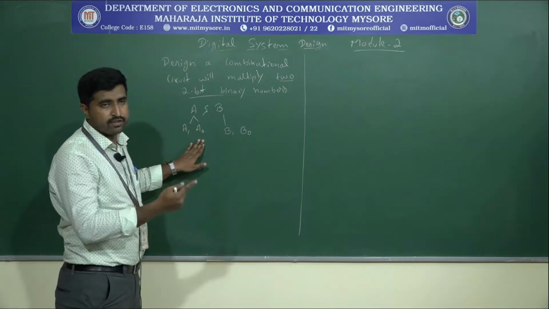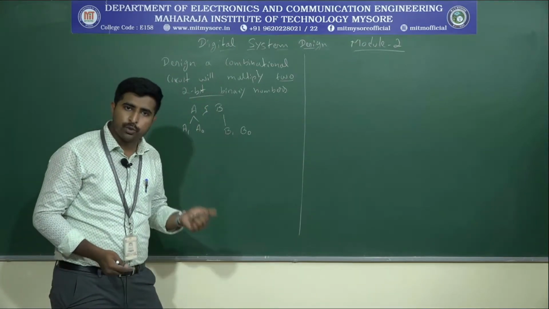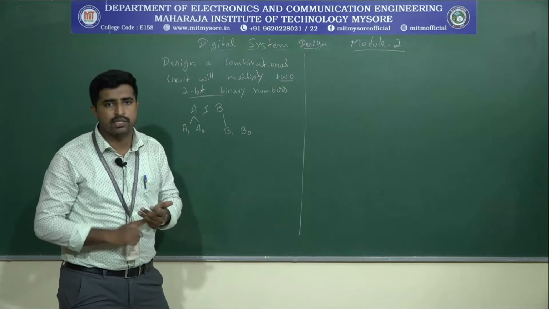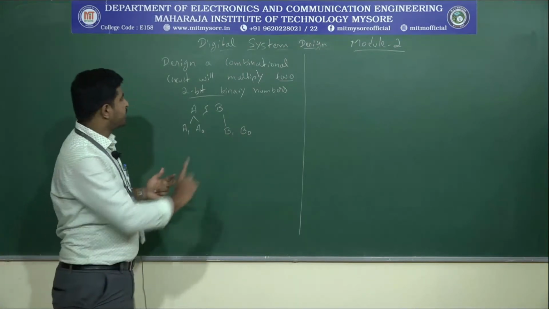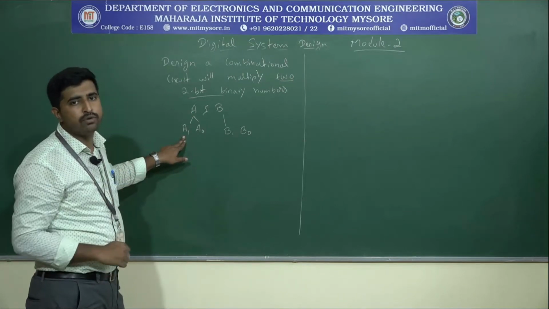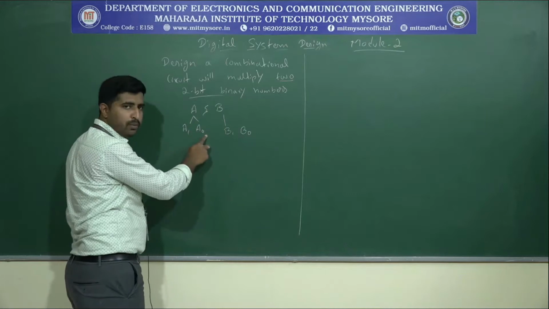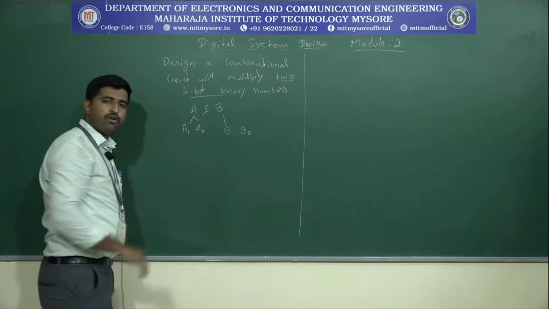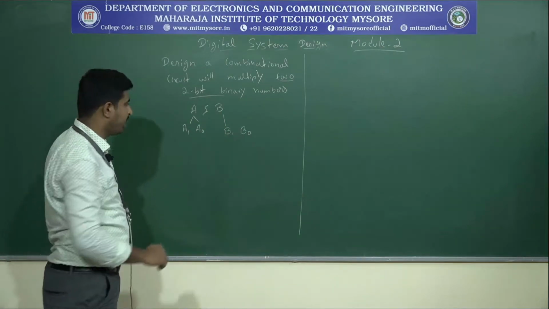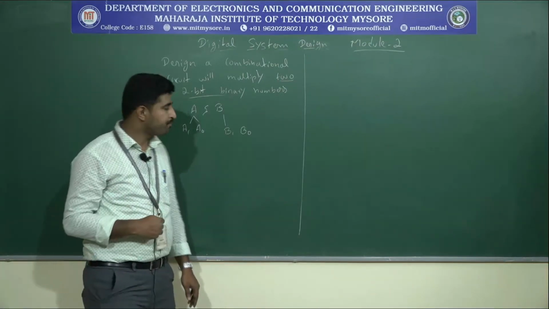First of all we need to construct the truth table. For that we need to know the number of inputs and the number of outputs. As per the given data, there are 4 inputs: two numbers, each 2-bit, so we have 4 bits. Then we need to identify how many outputs there will be.